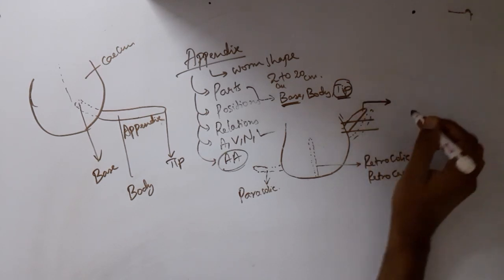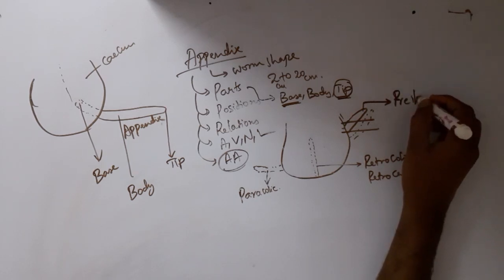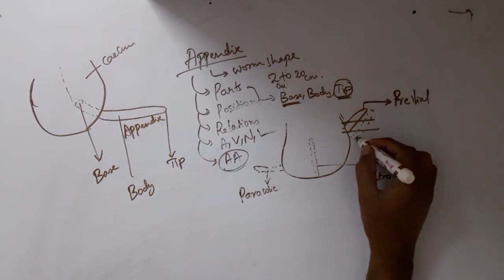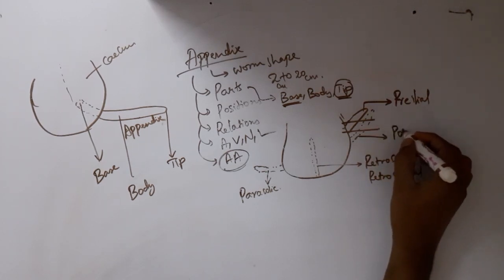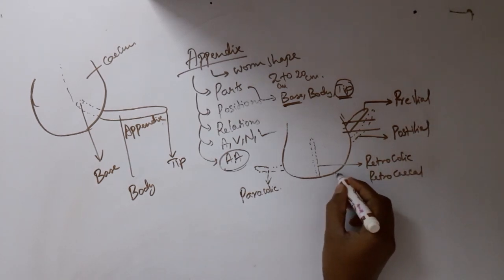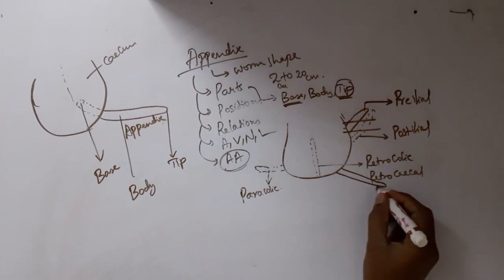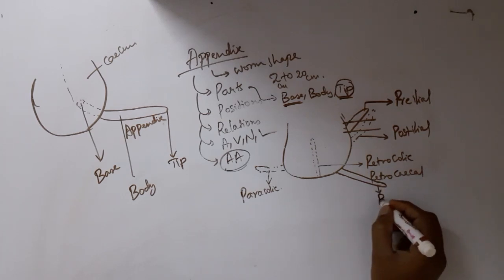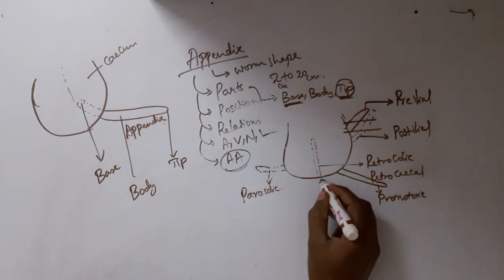If it is anterior to the ileum, we call it the pre-ileal position. If it is posterior to that, we call it the post-ileal position. One more, it may be pointing towards the sacral promontory, that we call the promontoric position.